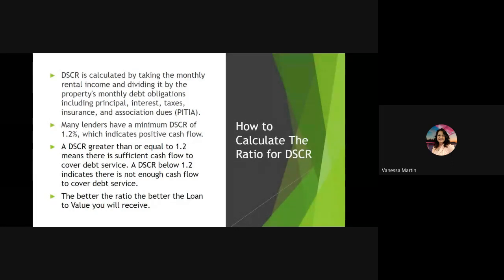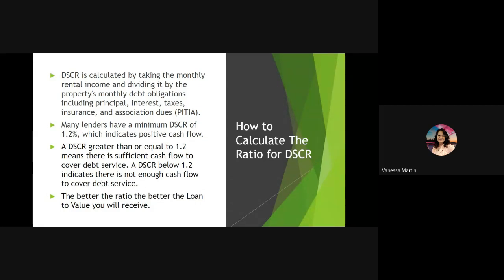Many lenders have a minimum DSCR of 1.2, which indicates a positive cash flow. A DSCR greater than or equal to 1.2 means there's sufficient cash flow to cover the debt service, and a DSCR below 1.2 indicates there's not enough cash flow to cover that debt service.